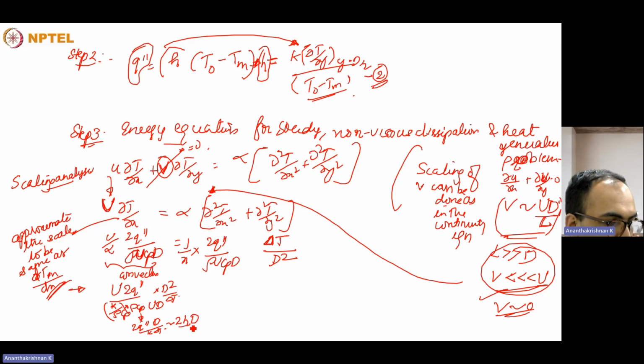So 2hD divided by k will be the form of the first term.